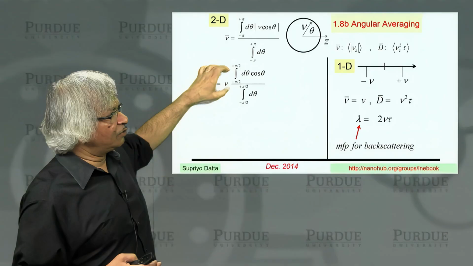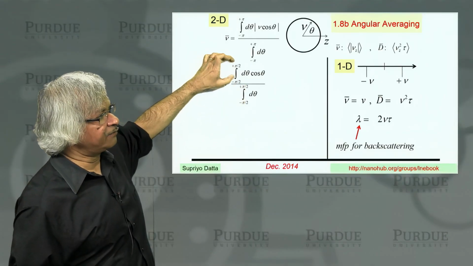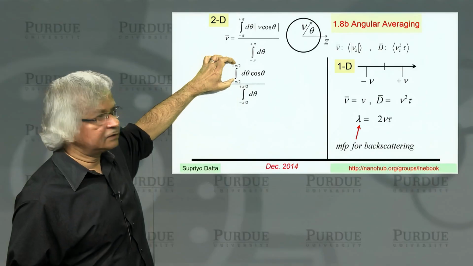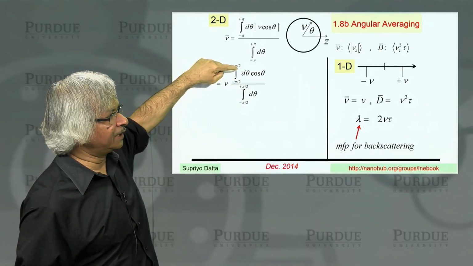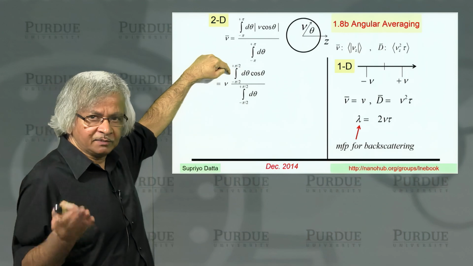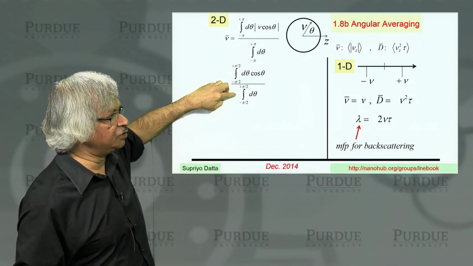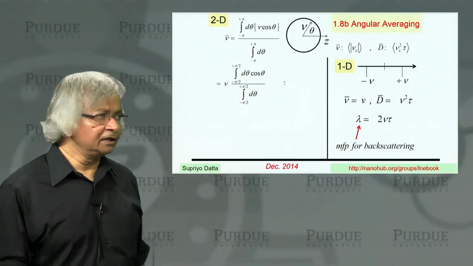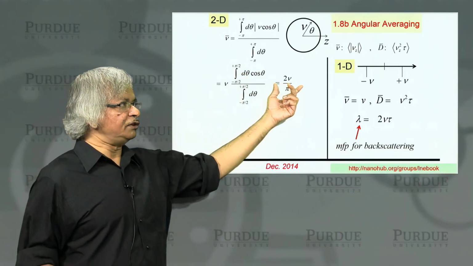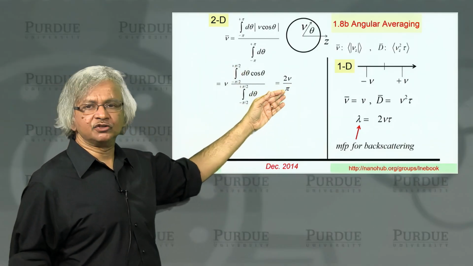So we can just integrate over minus half pi to plus half pi. Or you could have written a 2 here, multiplying what you get by 2, because the part you left out gives exactly the same thing. But then you'd also have a 2 in the denominator, so I've just dropped the 2. This is now a straightforward integral, and what you'd get is 2v over pi. So in 2D, that's the average velocity you should use.